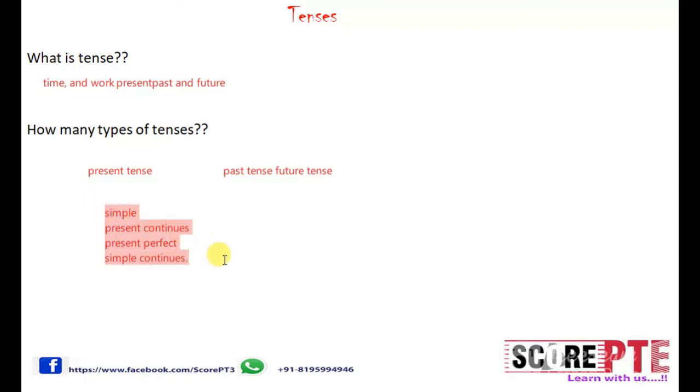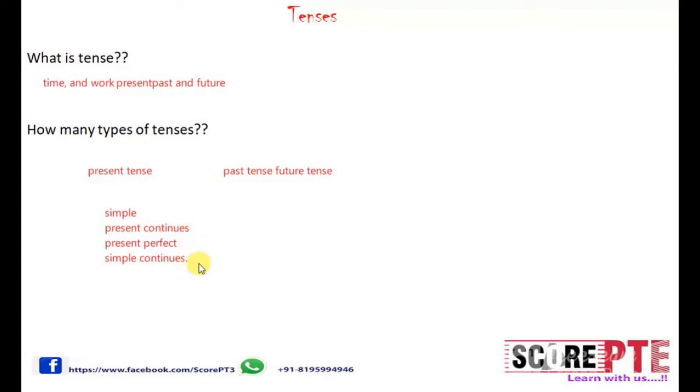These four are the work of the time. In present time you have a simple sentence, present continuous sentence, present perfect sentence and perfect continuous.